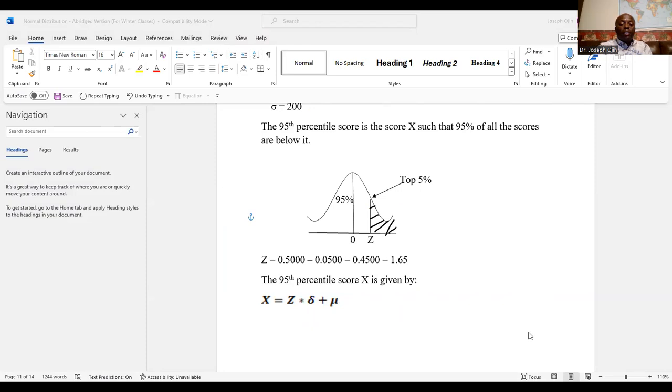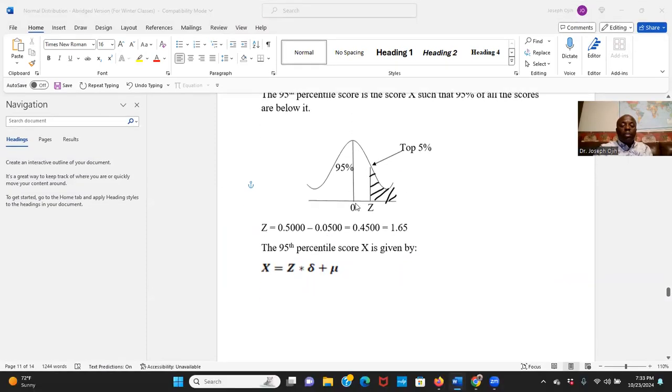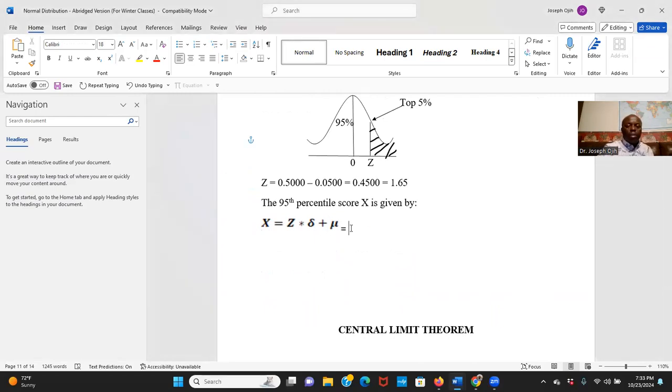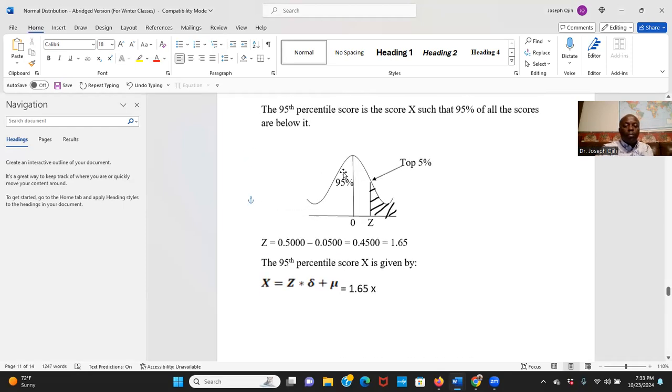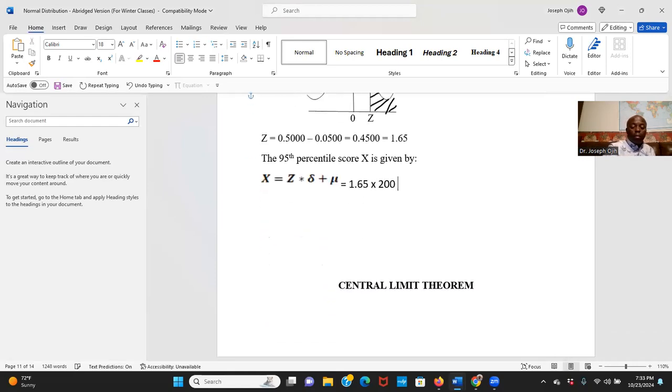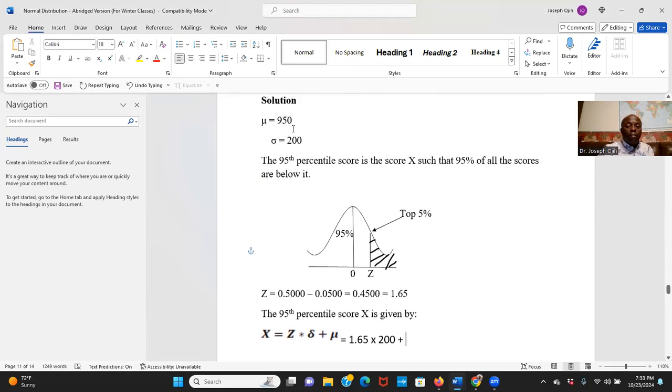We can now find the 95th percentile score. This is the formula we use: X equals Z, which is 1.65, times the standard deviation, plus the mean, which is 950.